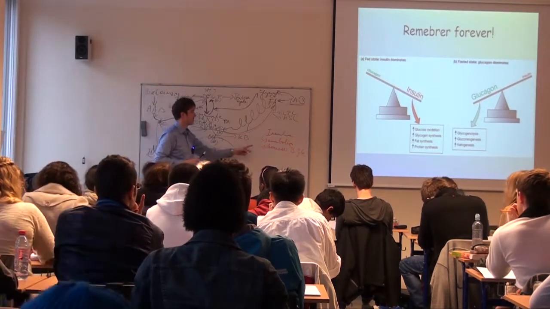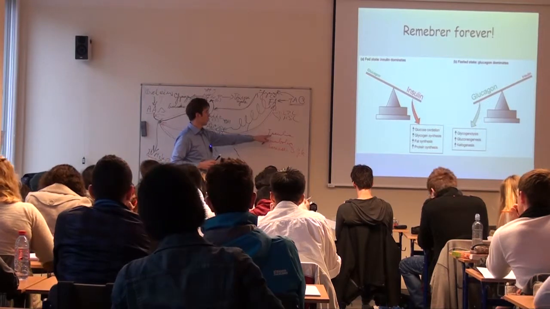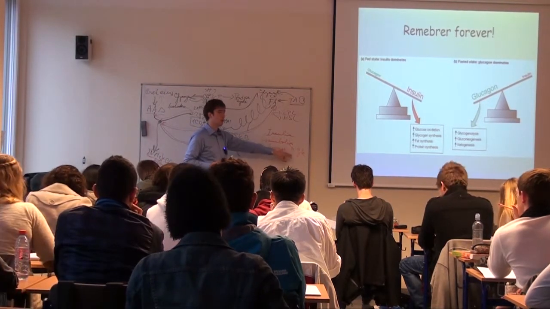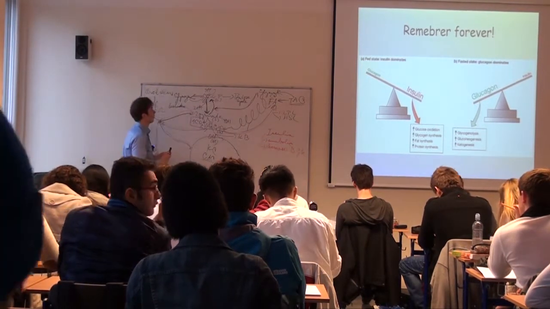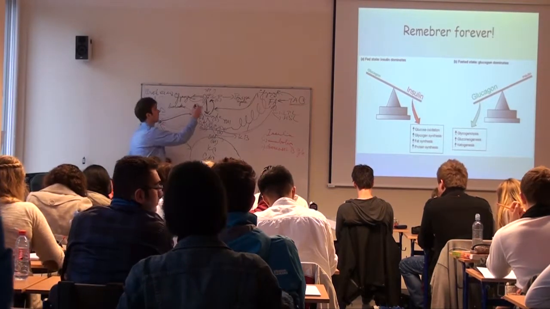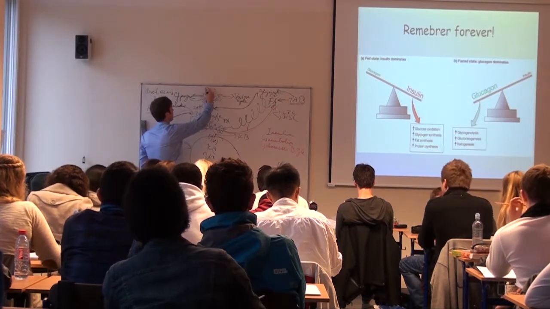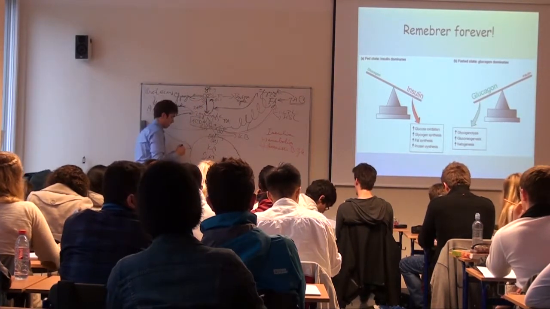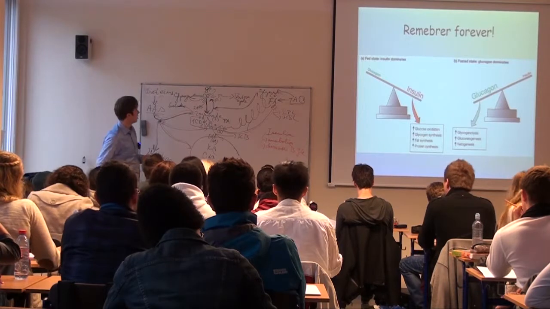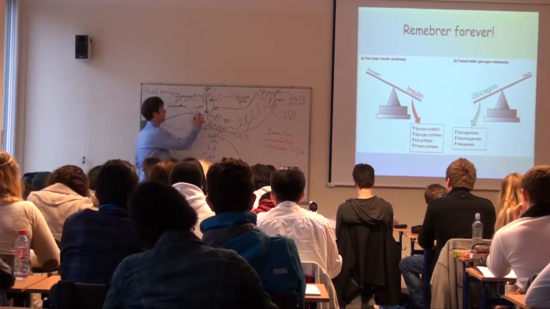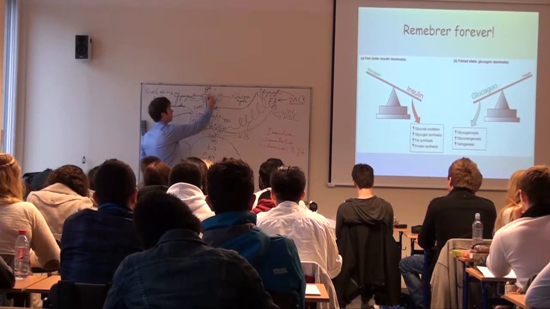But the second definition says, insulin wants to decrease blood glucose level. So here, we have the glucose in your blood. And how to decrease the blood glucose level? To degrade the glucose.